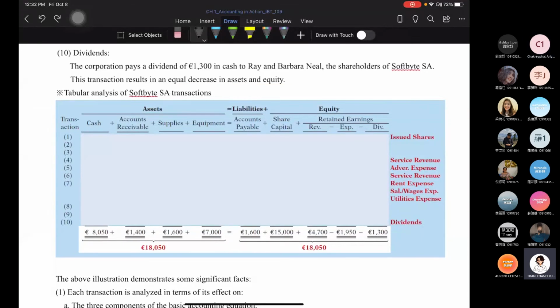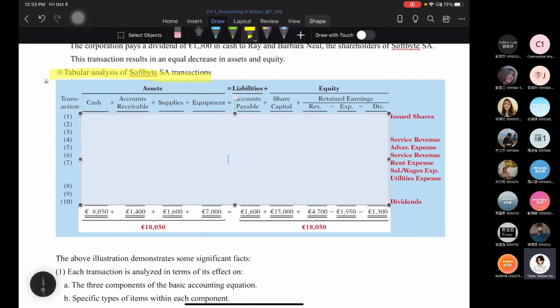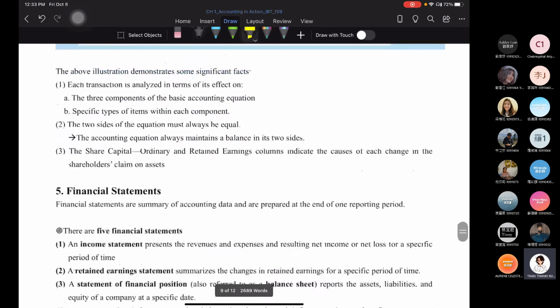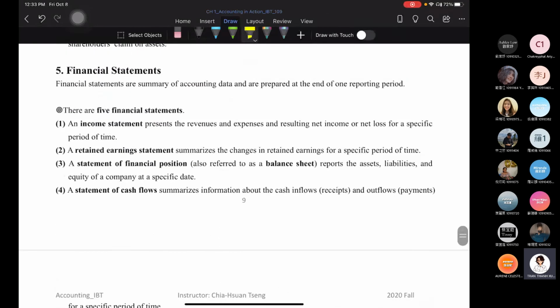As I remember, there was an exercise, maybe P1.2. It's the same as this one. And about the financial statements, this is also an important point. You need to remember that, because sometimes they just require you to do one of them.